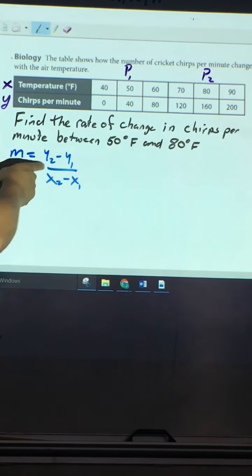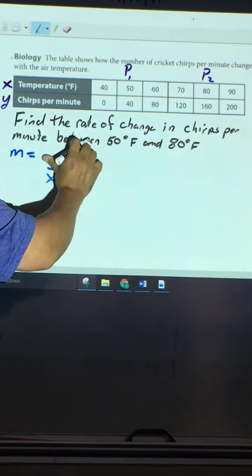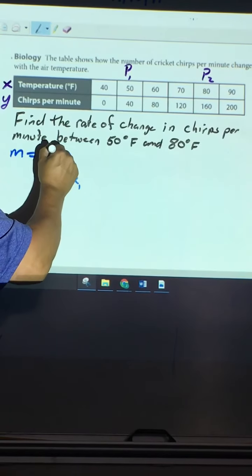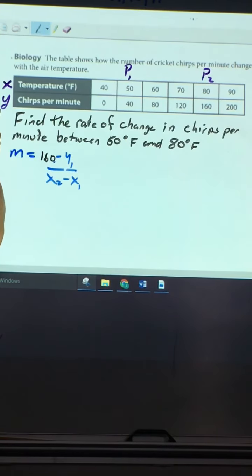So, well, we need to find y2. Well, this is the y, and here's the point 2, so we're going to replace this with 160. y1 would be your y.